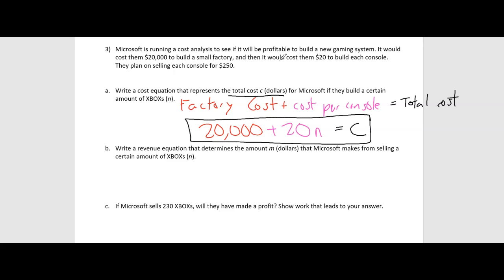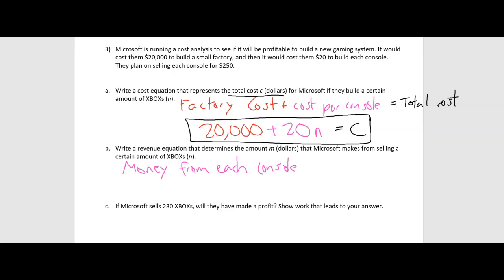Part B says write a revenue equation that determines the amount M that Microsoft makes from selling a certain amount of Xboxes. So we have to think, okay, how much money do they make from selling? Well, there's only one thing that they make money from when they sell, and that's money from each console, or from each Xbox.